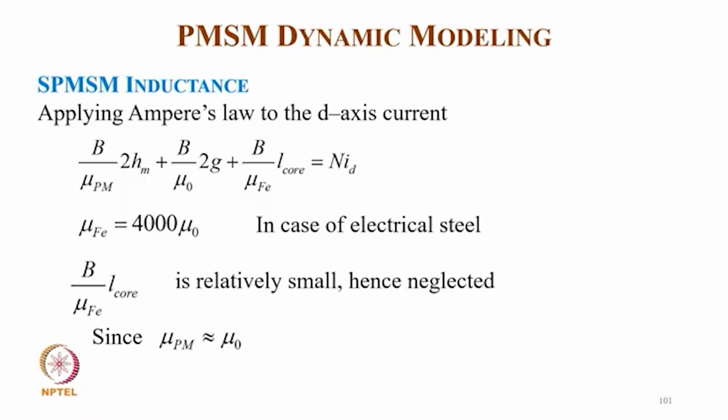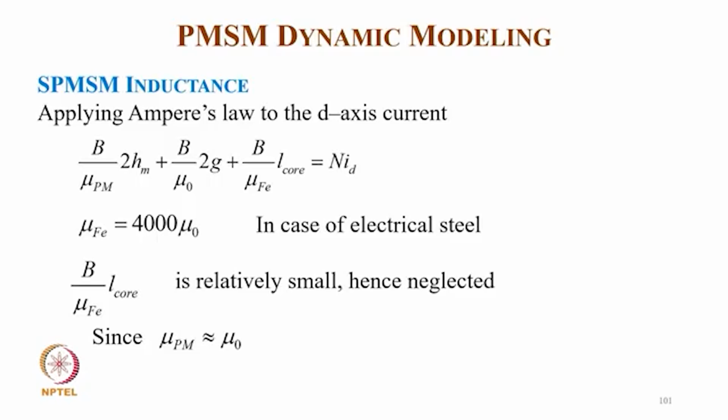So applying, for a surface mounted synchronous machine inductance, Ampere's law at the D axis, we say B/μ_PM times 2 h_M plus B/μ_0 times 2g plus B/μ_Fe times L_core equals N i_d, where μ_Fe equals 4000 μ_0 in the case of electrical steel, and B/μ_Fe times L_core is relatively small, hence neglected.